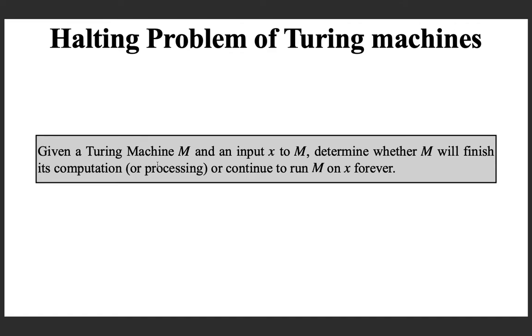So we have to determine whether a given Turing machine M on a given input x will terminate or not. This is what is called the halting problem. And Alan Turing proved that it is not a decidable problem, and we will discuss the proof also.